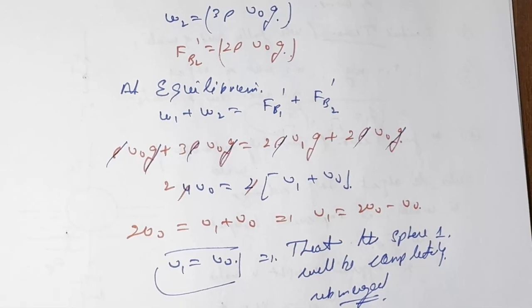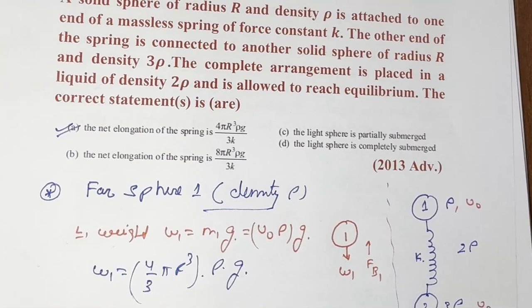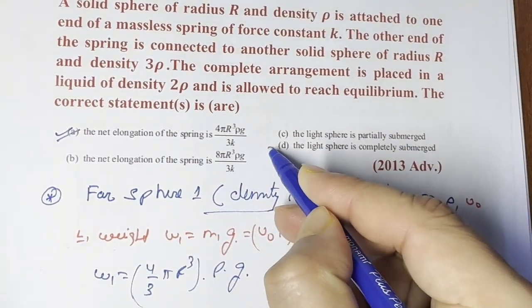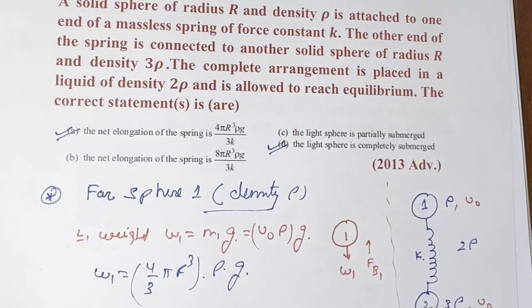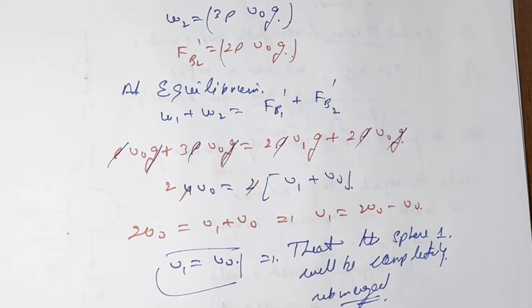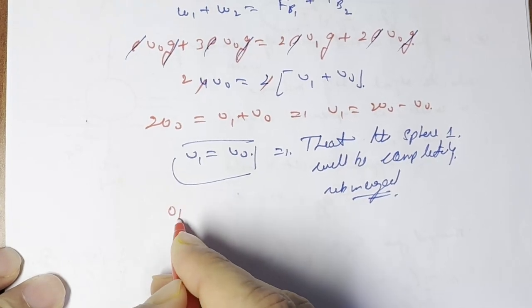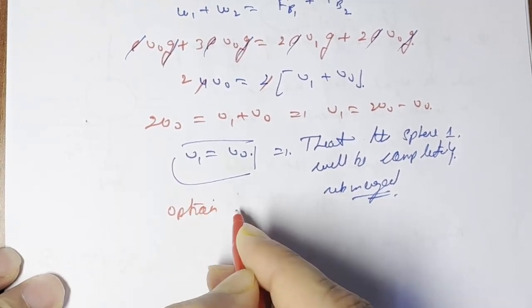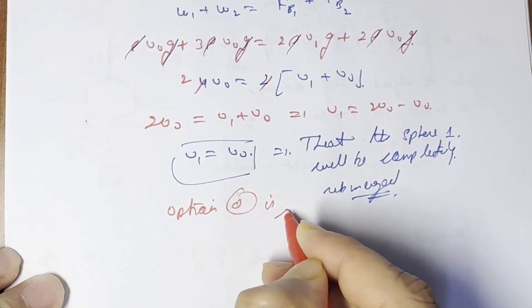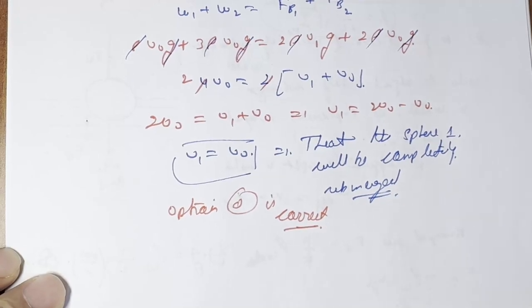So among the options that are given to us, option D is the correct option. Option D is correct. So this completes the question.